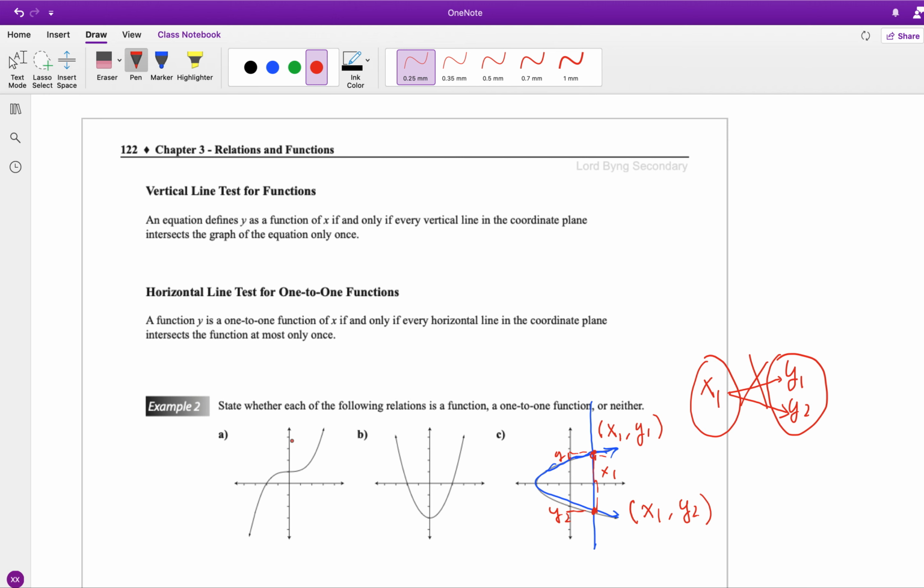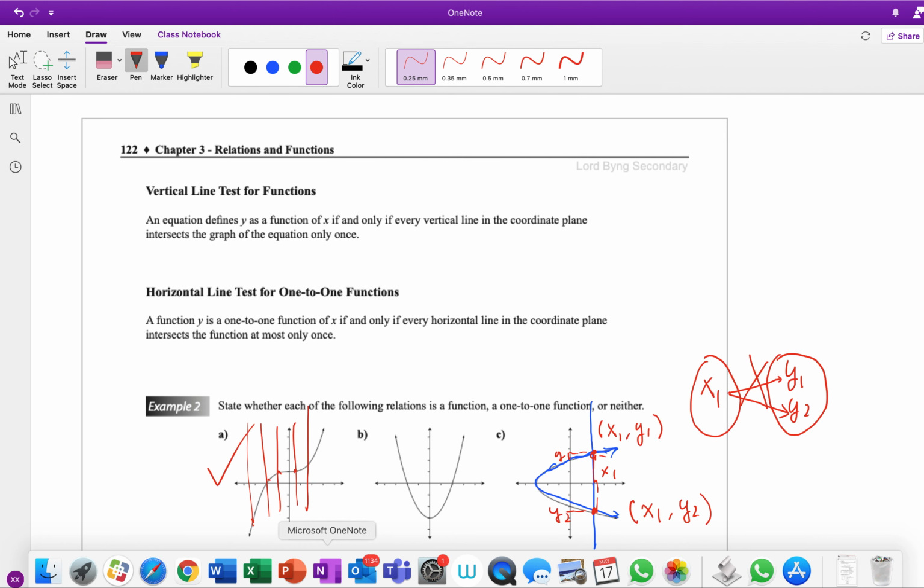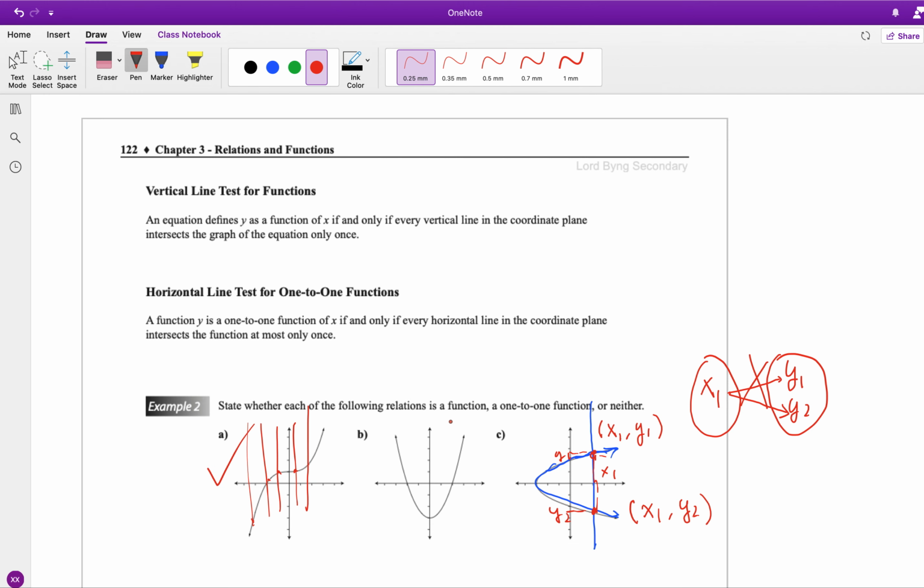But take a look here. Vertical line, vertical line, vertical line. It never hits 2 dots. It only hits 1 point, 1 point, 1 point. Therefore, this is a function. Here is the same thing. All the vertical lines, yes, this is a function.